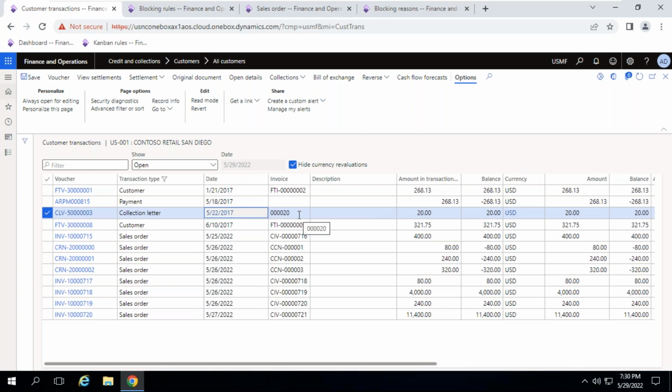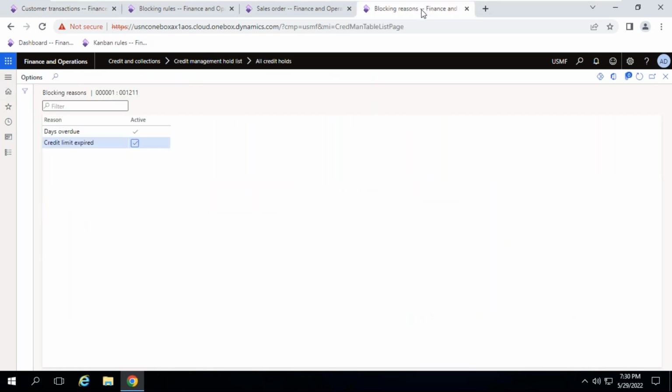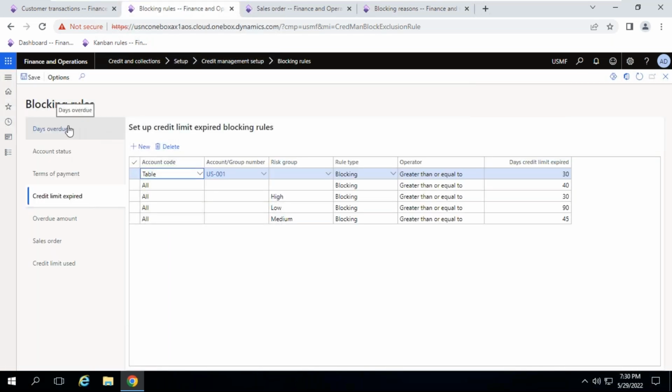So it will stop. Even one invoice only, it will stop. That is overdue, days overdue. So indirectly, we are restricting ourselves a lot. This one and this one, majorly.